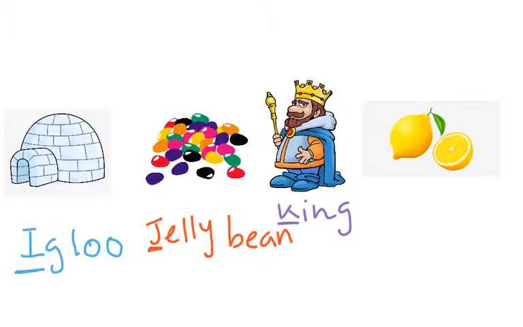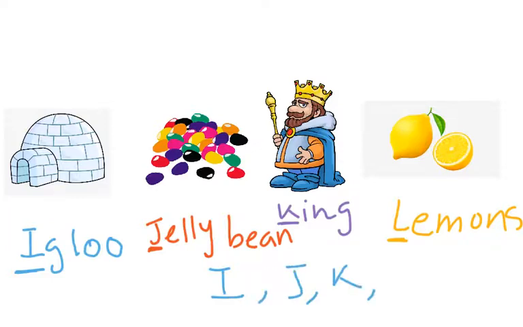And our last one here is a lemon. We have a lemon, or lemons in this case. So we have lemons, so L for lemons. So our letters here were I, J, K, and L. And this is the proper way to write these letters.